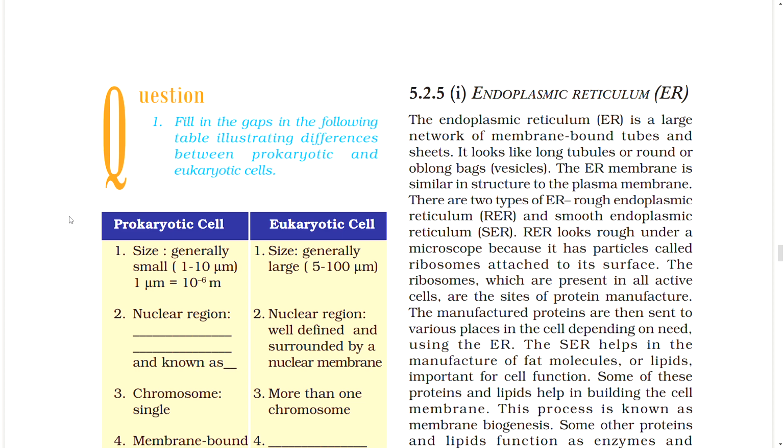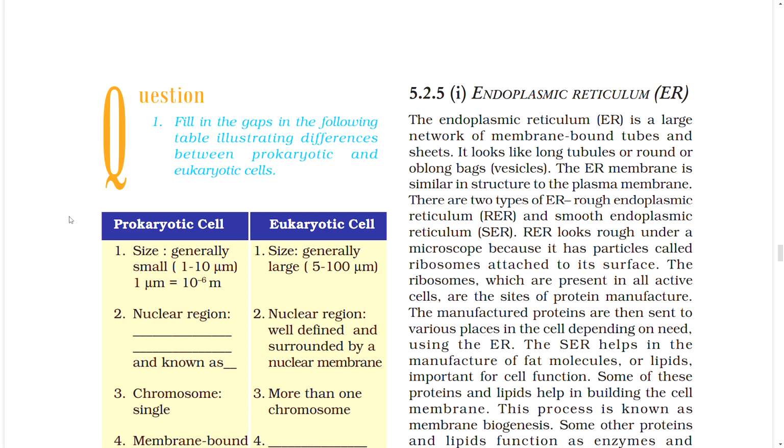There are two types of ER: rough endoplasmic reticulum, RER, and smooth endoplasmic reticulum, SER. RER looks rough under a microscope because it has particles called ribosomes attached to its surface. The ribosomes, which are present in all active cells, are the sites of protein manufacture. The manufactured proteins are then sent to various places in the cell depending on need.